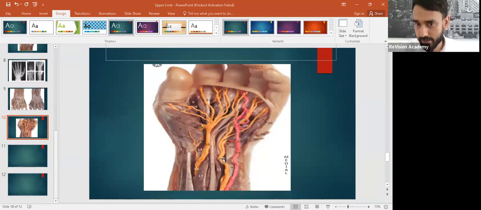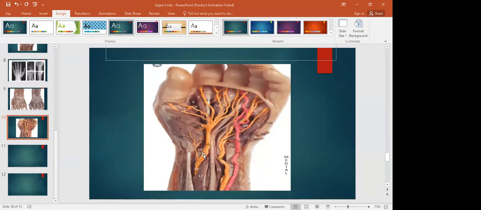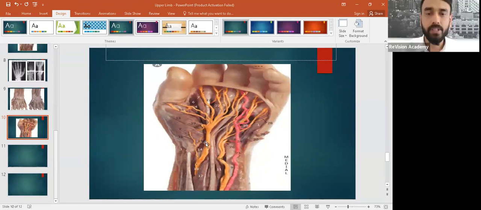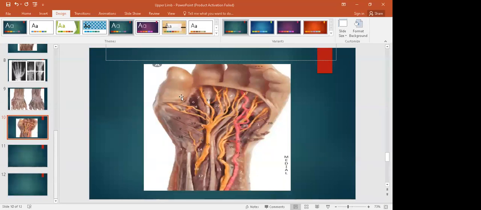So 25 should be the ulnar nerve, and 16 should be the median nerve, which is related to the thenar muscle. I was confused about the vessel 23. I think it is the radial artery.